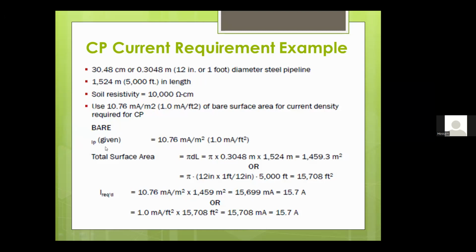So we calculate the total surface area for this pipeline from this equation, pi d l. Surface area is 1,459 square meters, and the current requirement to protect this pipeline is 15.7 ampere.